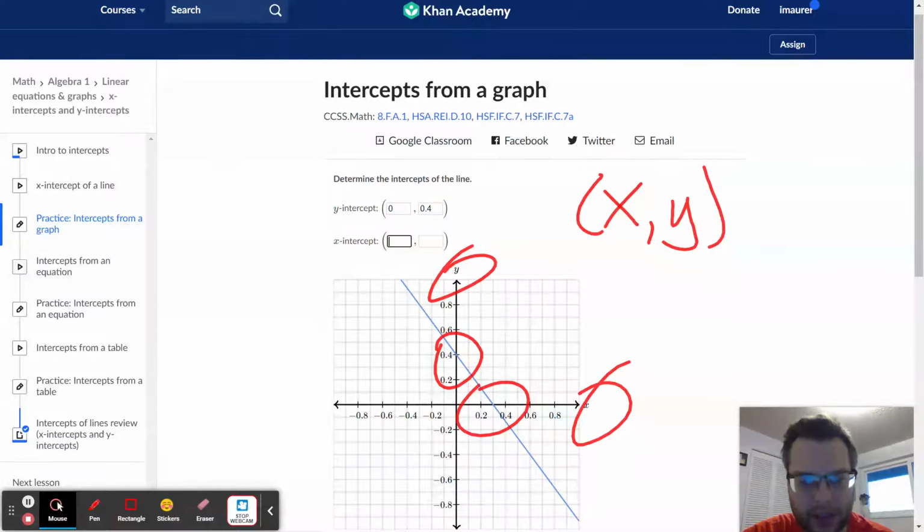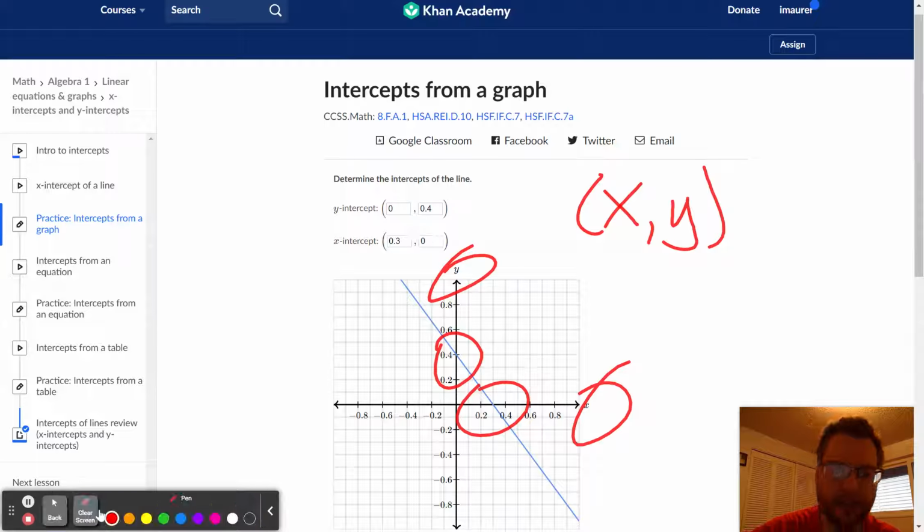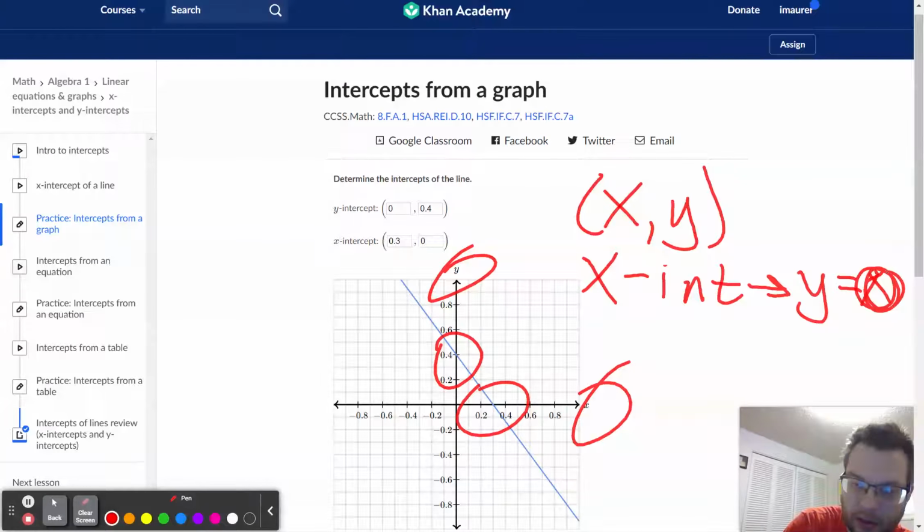Similarly, the x-intercept looks like it touches at 0.3 and it has a y value of 0. Every point on the x-axis has a y value of 0. That's so important that you should write it down in your notes: if you have an x-intercept, that means the y value is equal to 0.